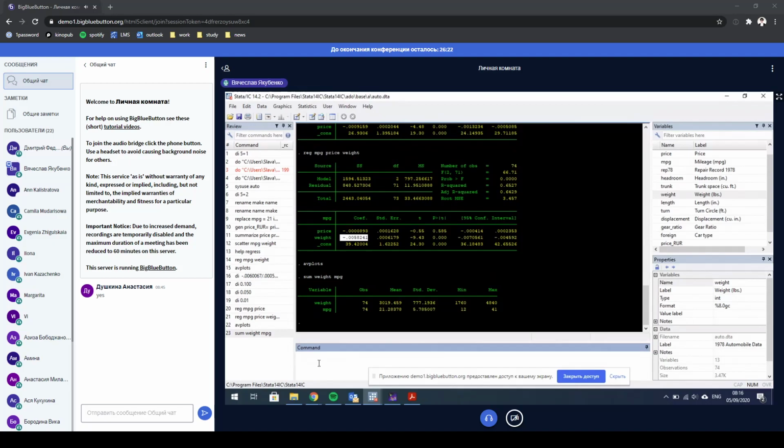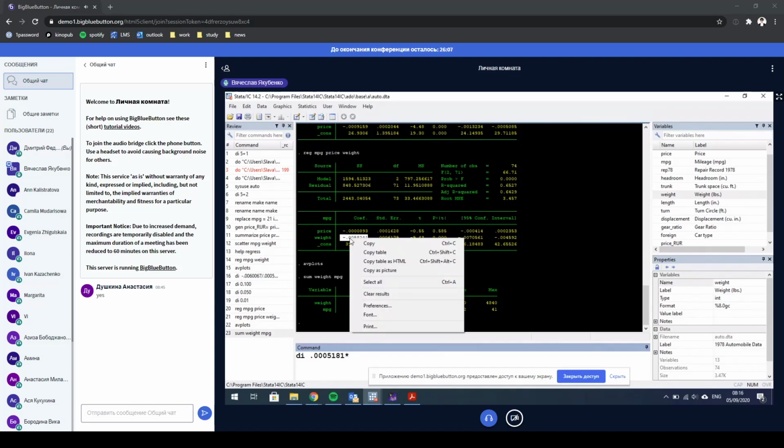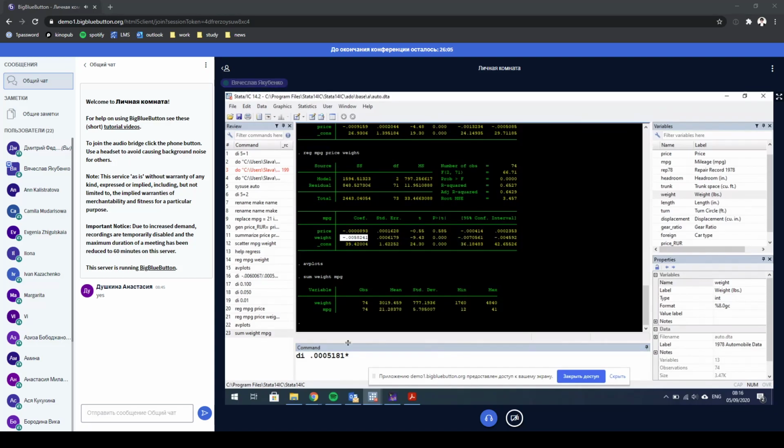And then you can just take the coefficient and multiply it with, for example, let's say the standard deviation.